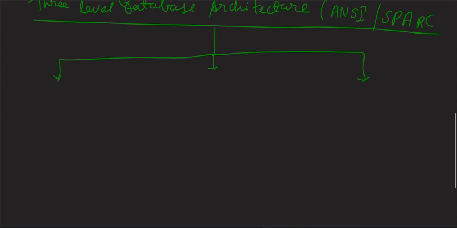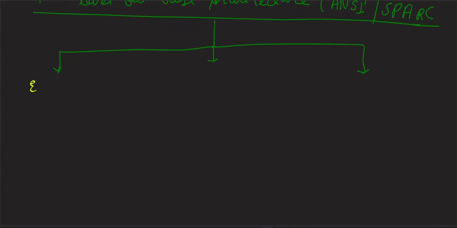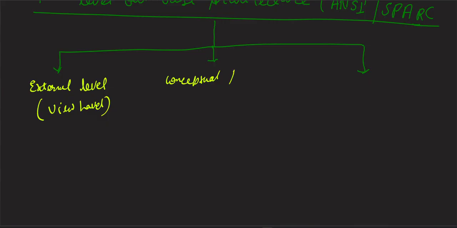The first one is the external level, which is also called the view level. Next one is the conceptual level, which is known as the logical level.